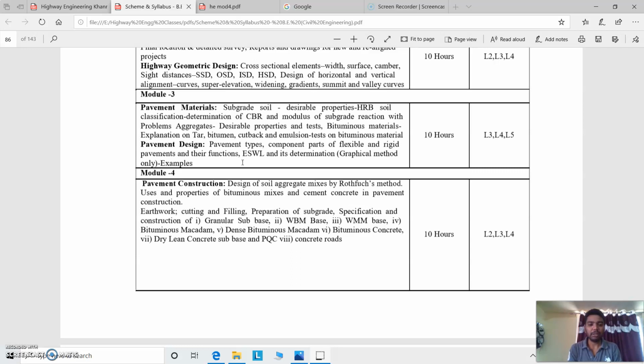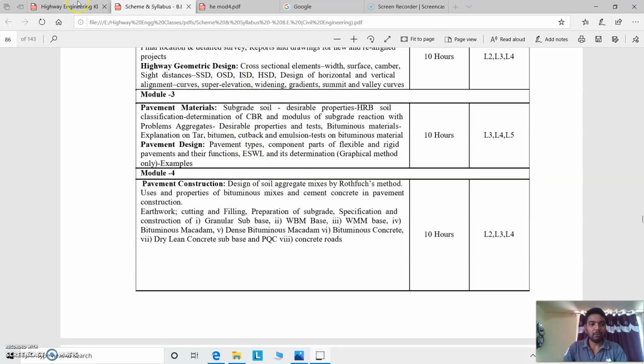In either of these two cases, one question will be asked to draw a semi-log graph to determine the particular values corresponding to the content, whether it is equivalent single wheel load or Rutherford method, right? One question will be asked: write the steps involved in the determination of the particular content. Either it may be from module number 3 or from module number 4, right?